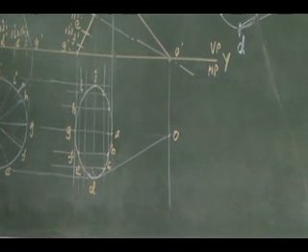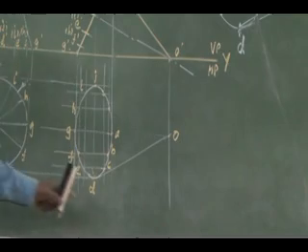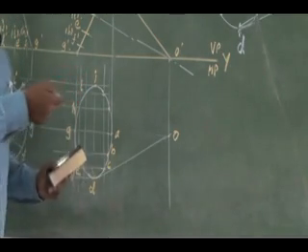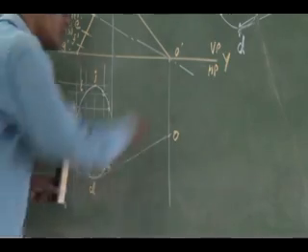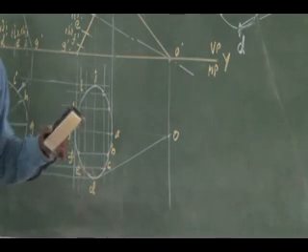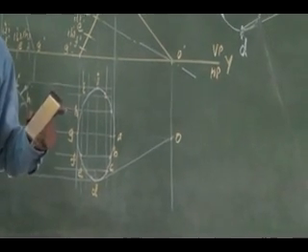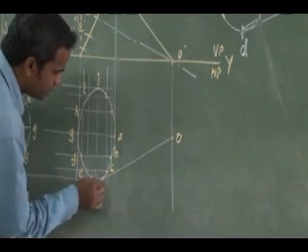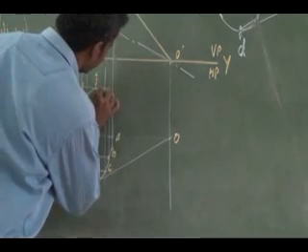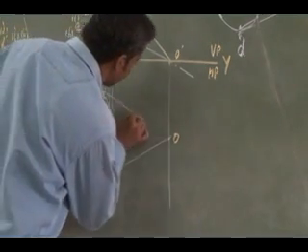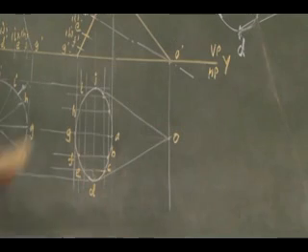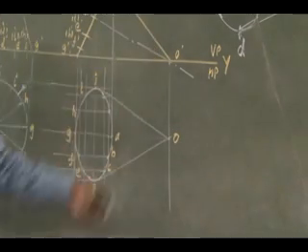What it means is that it is not the generator D that is shown as the extreme in my top view. Some other point in my base circle, some other generator, will be seen in my top view as an extreme generator, not exactly what we have divided in the finite divisions. So whichever generator comes as the extreme in my top view, that has to be shown as a visible line. So that is a tangent line which meets the ellipse.